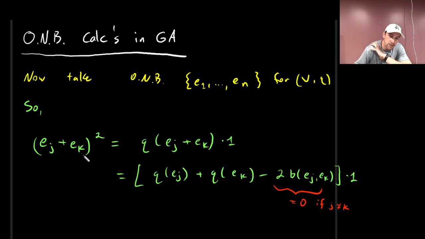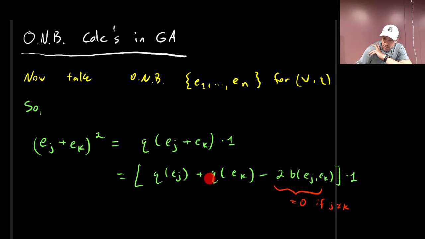Let's take two basis elements, assume J and K are not equal. Well, by the defining property, we get this, and substituting in for that equation we just had, we'll get this out here. Now, this is orthonormal, so the induced symmetric bilinear form little b is 0.